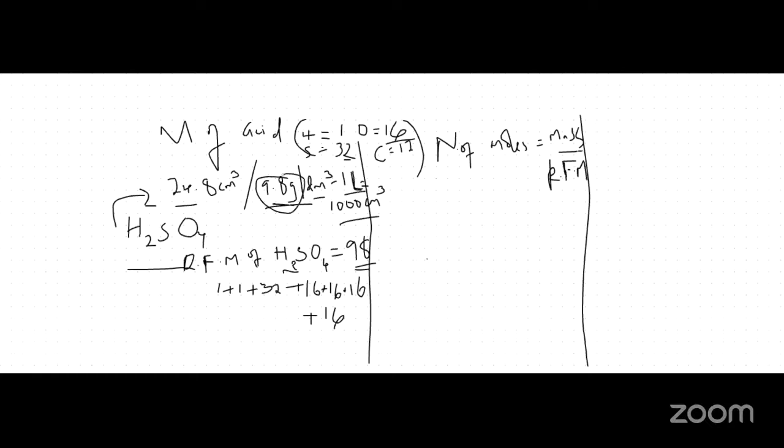So you come and replace: it is 9.8 over 98. Of course, it is 98 over 98, but then you divide by 10. You just input this into the calculator and get 0.1 moles.